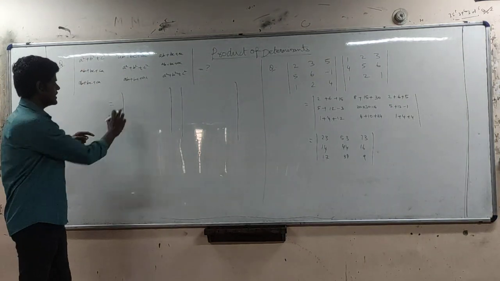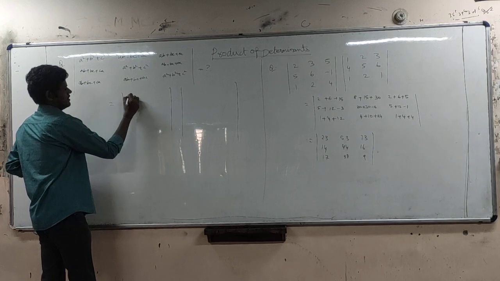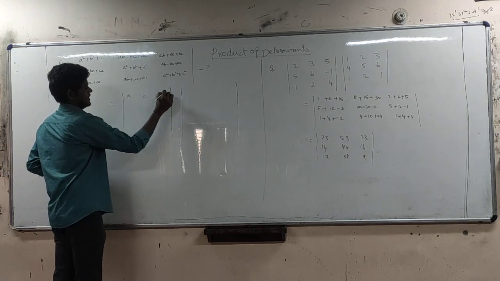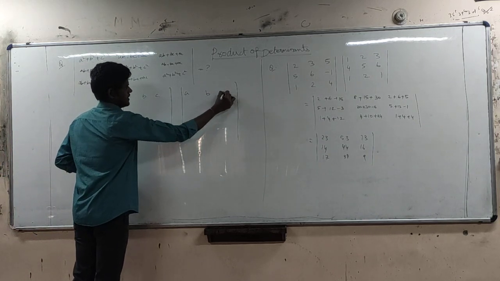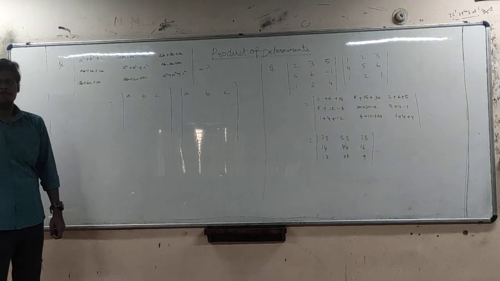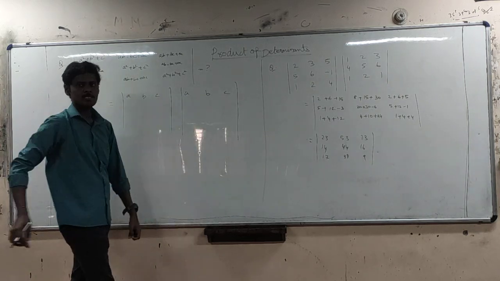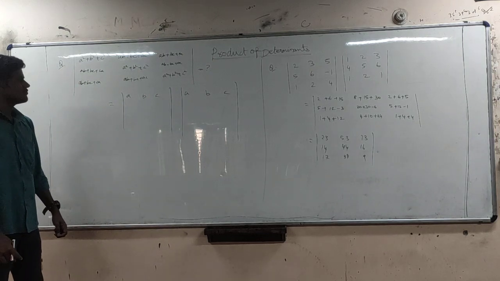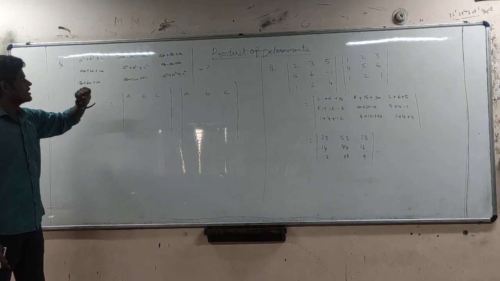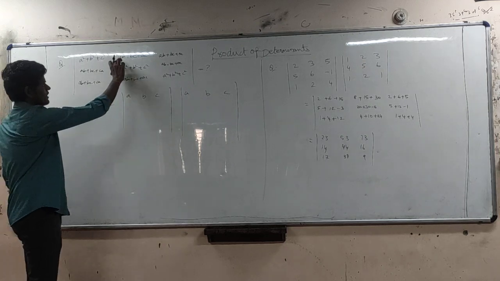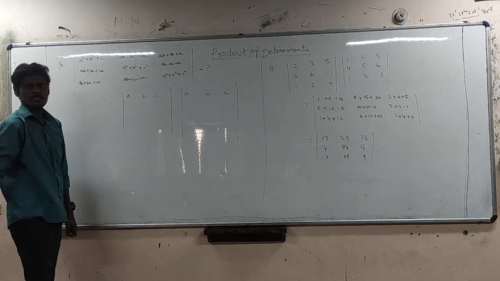Instead of writing a square and 1, I am writing a, b, c. A to A, B to B, C to C. Now we get a square plus b square plus c square. Next we get ab plus bc plus ca.